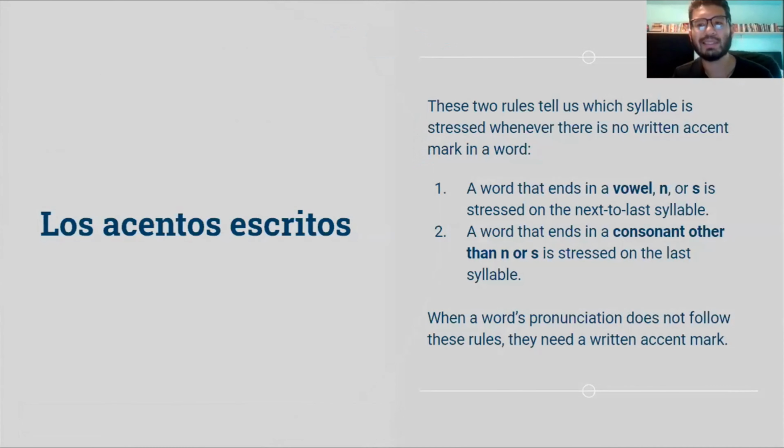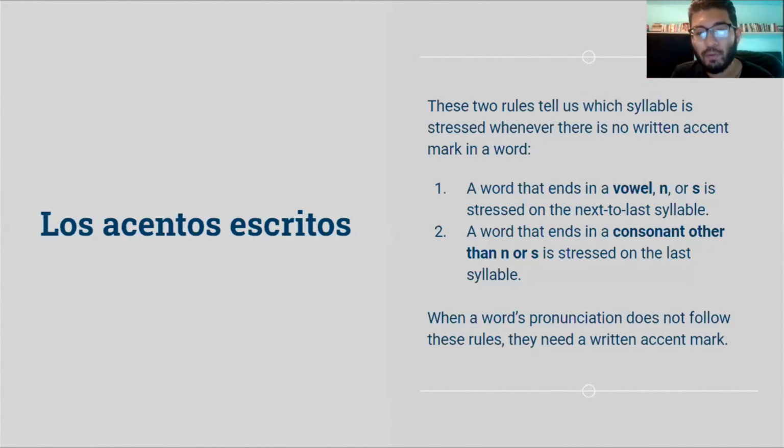So this is a particularly difficult aspect of the Spanish language, especially for non-native Spanish speakers. But once we understand that it follows a specific procedure, and of course there are more things worth mentioning that we do not have time for now, the main thing is that there are two rules in regards to what syllable we expect a word to have an emphasis on.